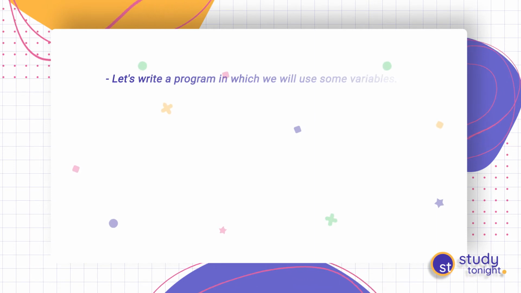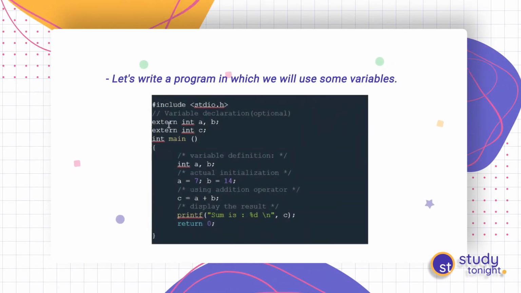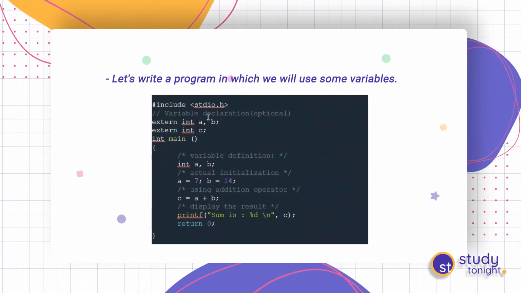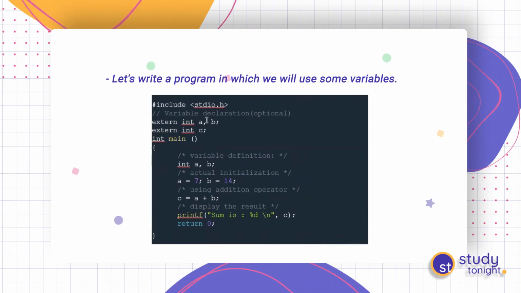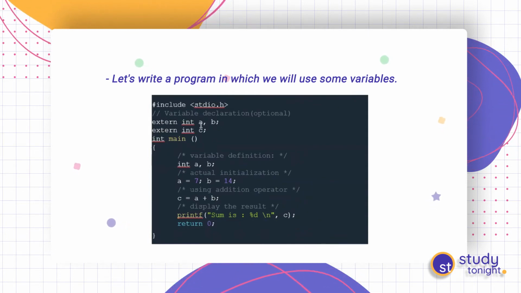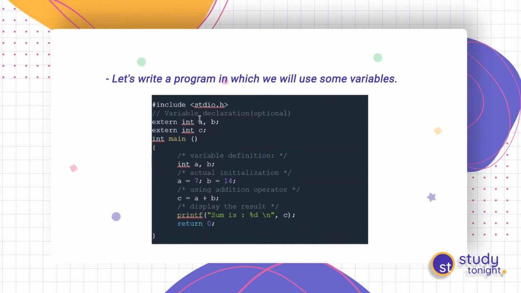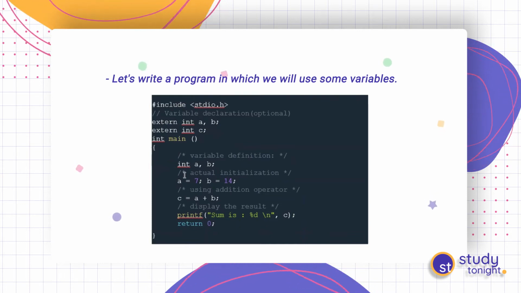10. Now see, here is a program in which we have taken three variables outside the main function, that is a, b, and c. These three are of int type, that is integer type.